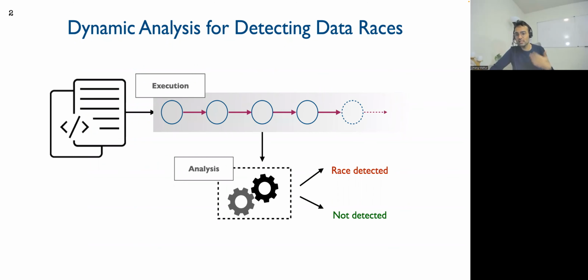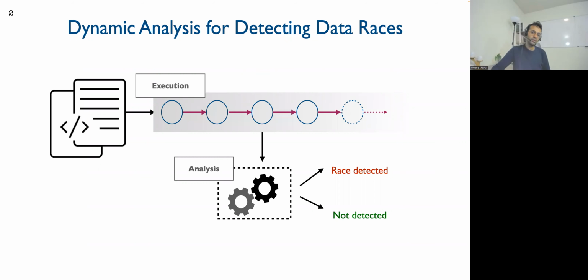Typically, static analyses are designed for certifying that a program does not have any bug like a data race. But oftentimes your program will have many data races or bugs, and you will end up getting a lot of false alarms.